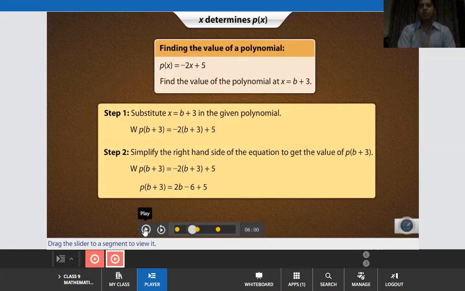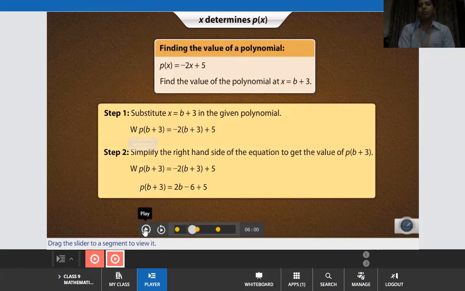2b is a variable, so we keep minus 2b as it is. And minus 6 plus 5: the negative number is minus 6, which is the bigger number, so we subtract 6 and 5, and the answer will be 1. But we need to keep the sign of the larger one, and the larger one is negative.